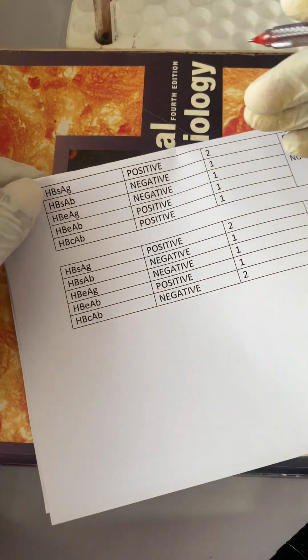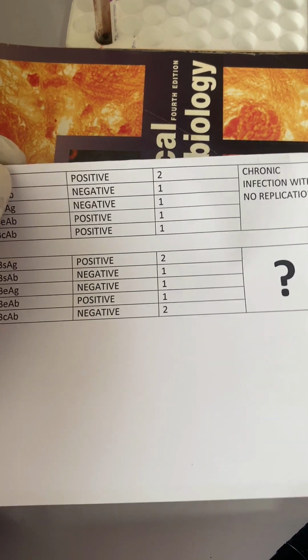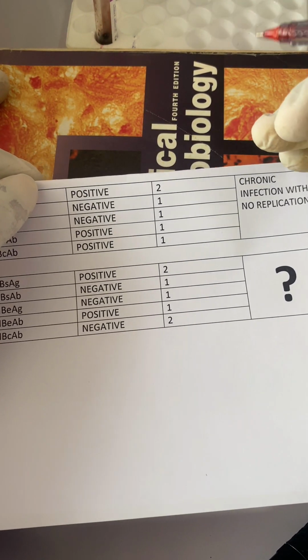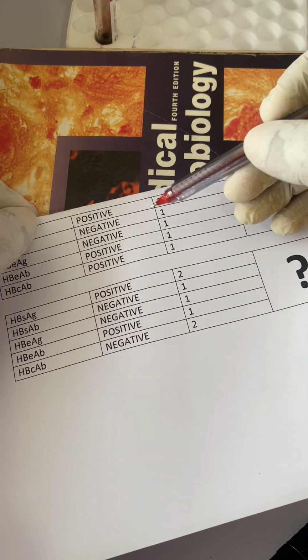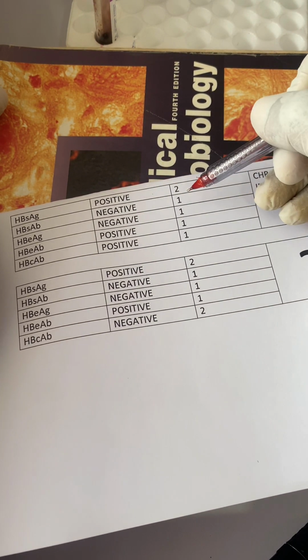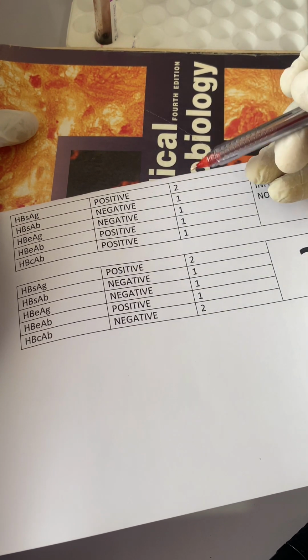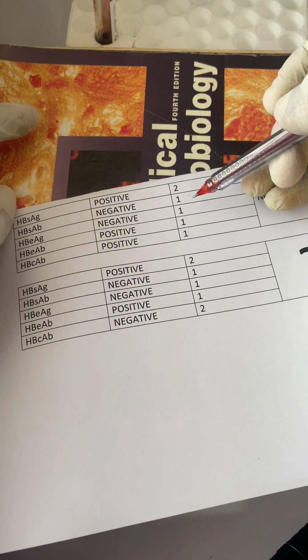Okay, this number 10, somebody with chronic infection but no replication. Chronic infection with no replication. So of course, surface antigen will be positive, show us 2 lines. Surface antibody will be negative because you've not yet recovered, you are in the chronic state.